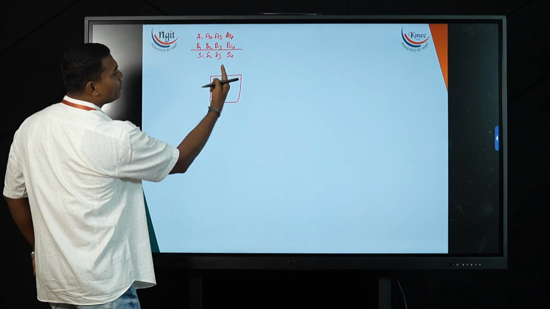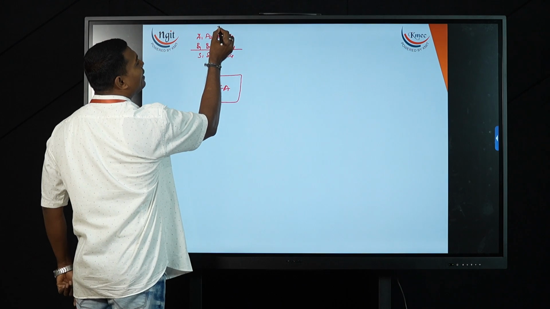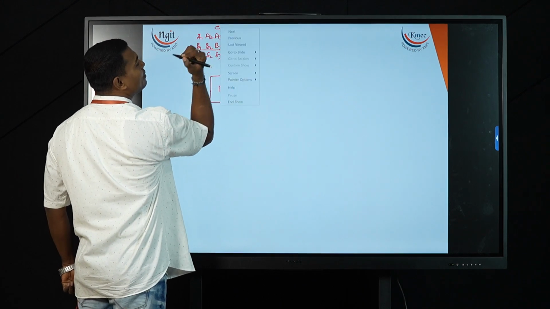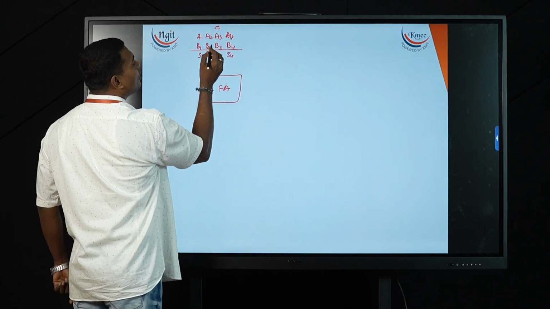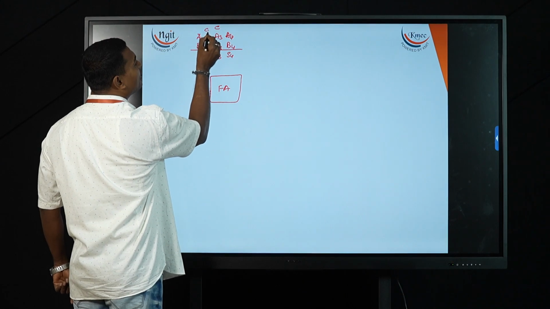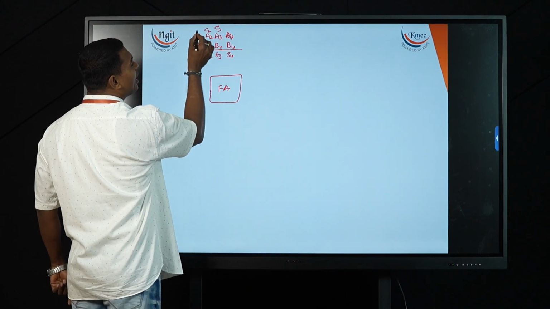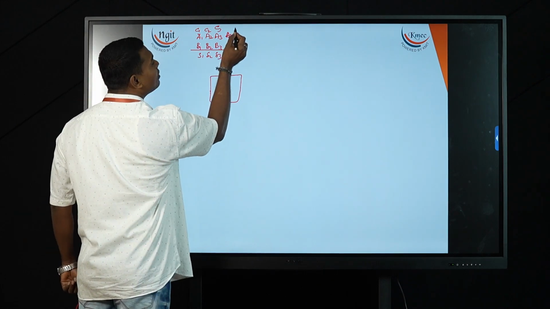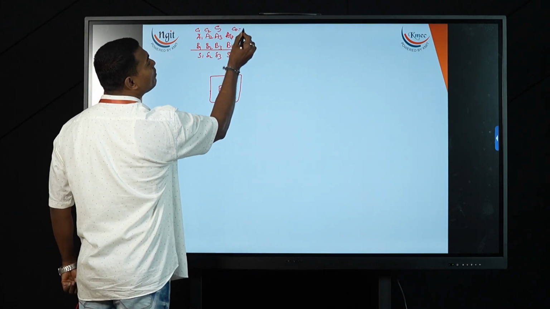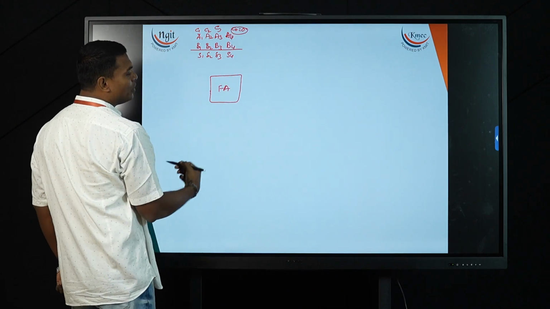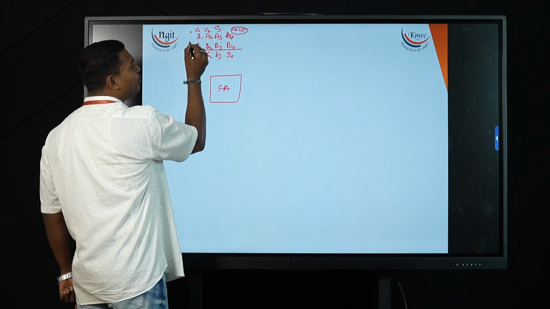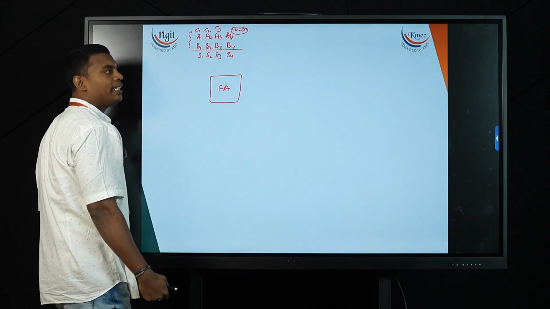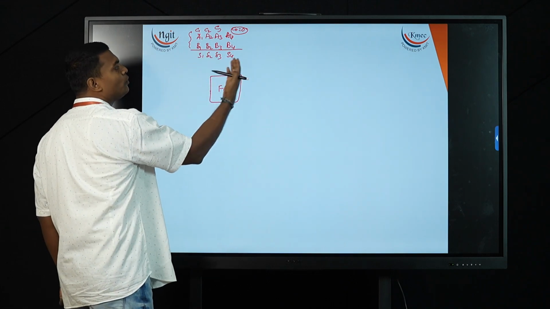Whenever S4 is generated, I might have a chance of generating C3, C2, C1, and also C0. C0 I am considering permanently as 0. So whenever I am doing an addition operation, bits are getting added to generate a 4-bit sum.